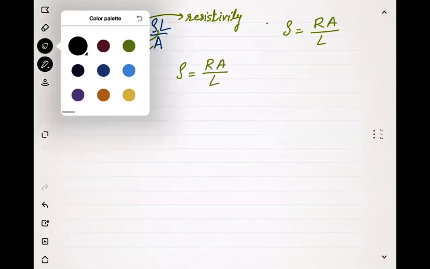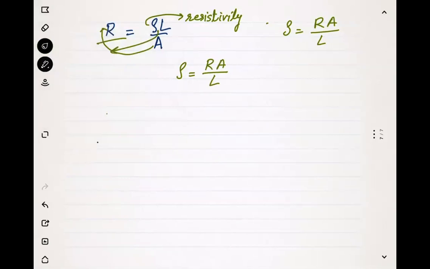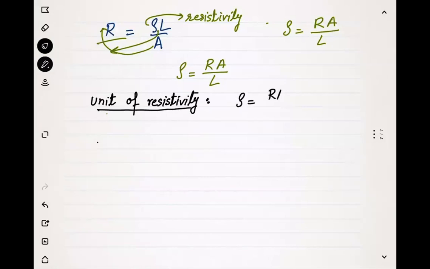First, we should get the unit of resistivity. Resistivity is resistance into area over length. Resistance is in ohms, area is in meter square, and length is in meters.